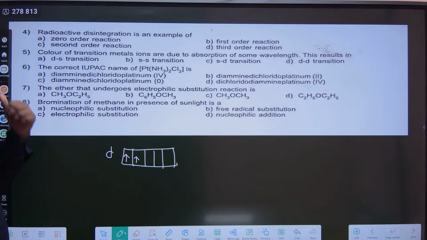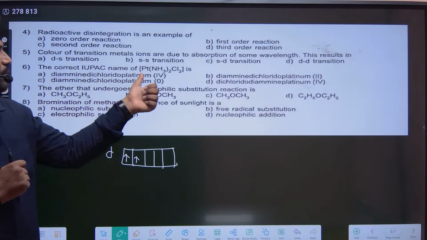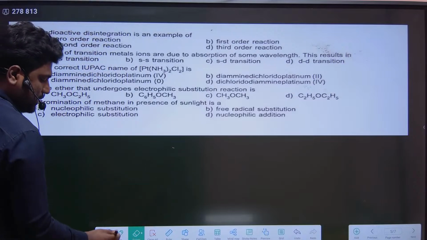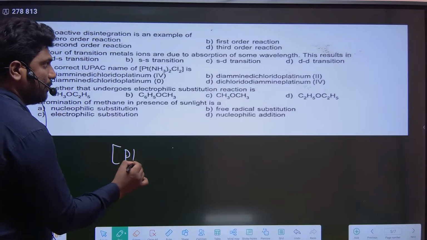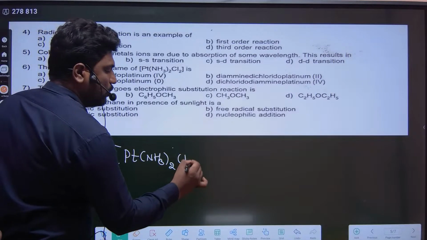So the sixth question is from coordination compounds. They are asking for the correct IUPAC name of this complex. The formula is platinum with 2 ammine ligands and 2 chlorido ligands.